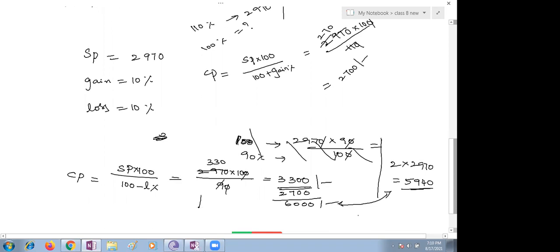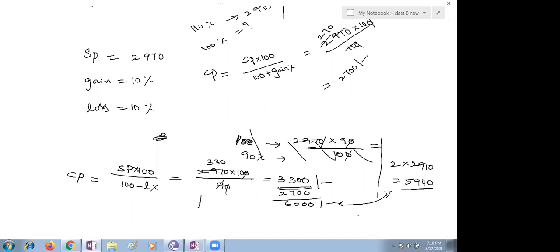How much loss is happening here, children? 5,940 minus 6,000. How much? The difference between 5,940 and the other number, 6,000, is 60.